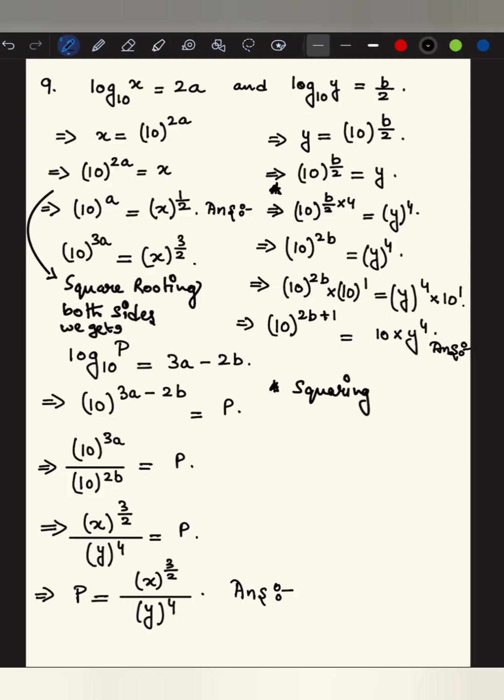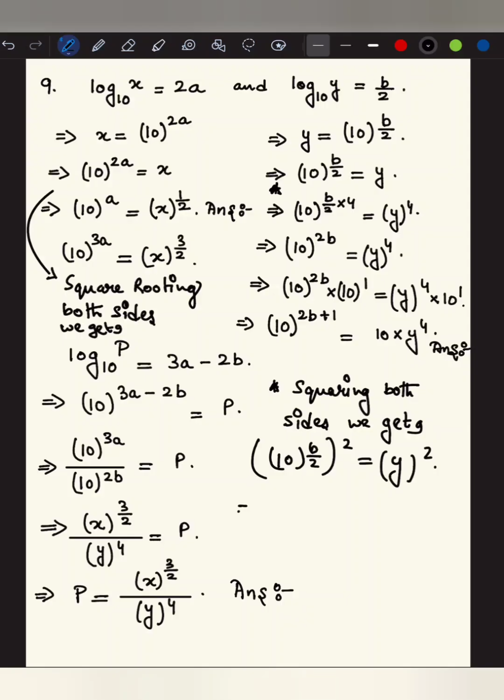Squaring both sides, we get 10 to the power b by 2 whole square is equals to y whole square. Understood? Which implies 10 to the power b by 2.